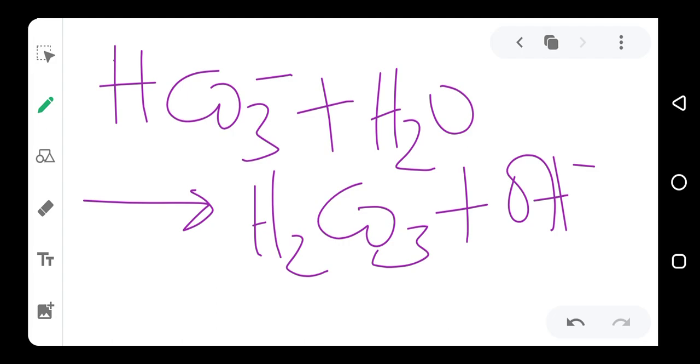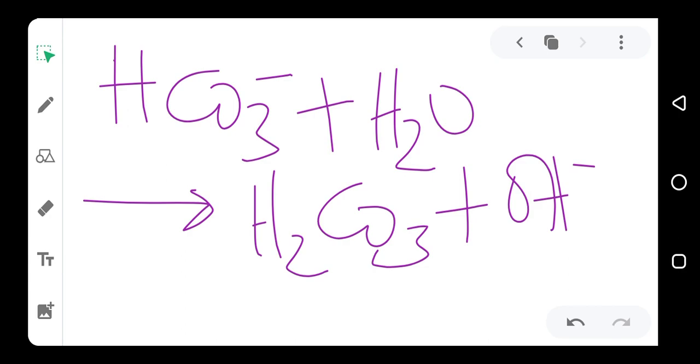Therefore, we can only show that a substance is an acid or a base in a reaction. If we don't see the reaction, we cannot determine whether the substance is acting as an acid or a base. Just like in Arrhenius theory, water must be present for us to know whether a substance is acting as an acid or a base.